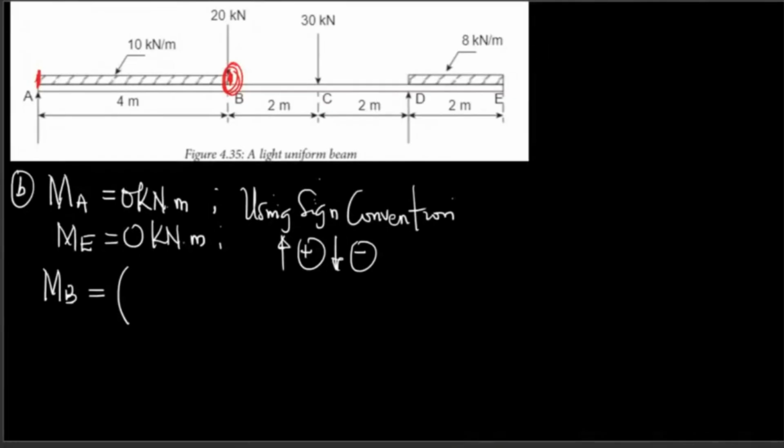Okay, let's see how this sign convention works. Now, we want to first calculate moment about B. There are two ways you can use to do this. You can work from the left to the section, or you can work from the right to the section. Either way, you are still going to get the same answer.